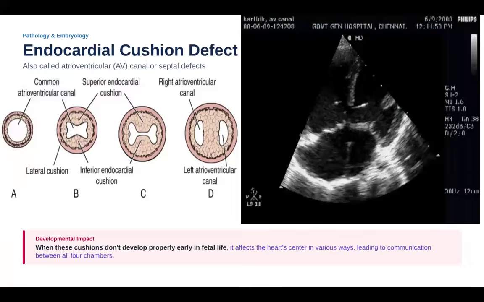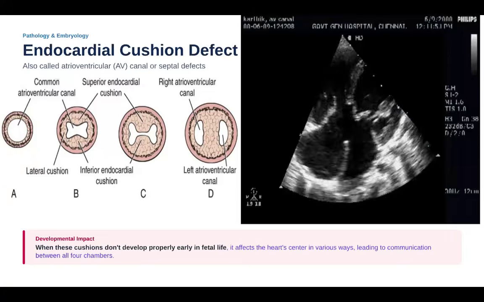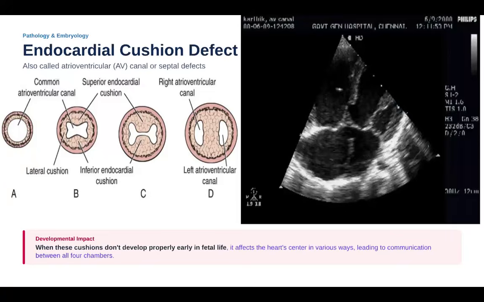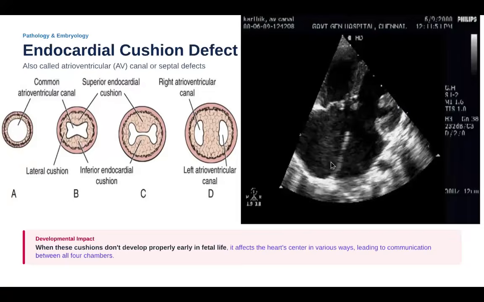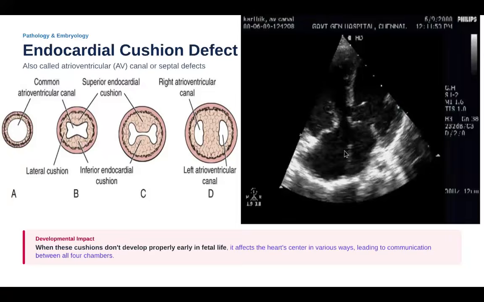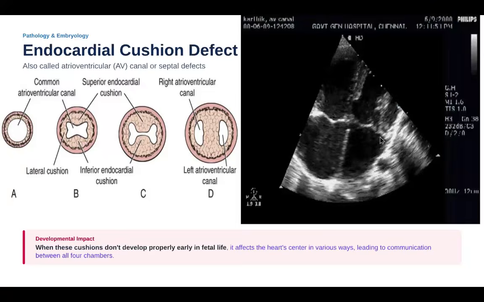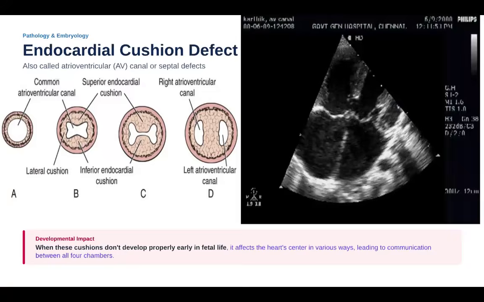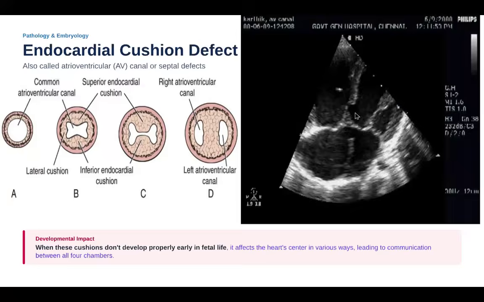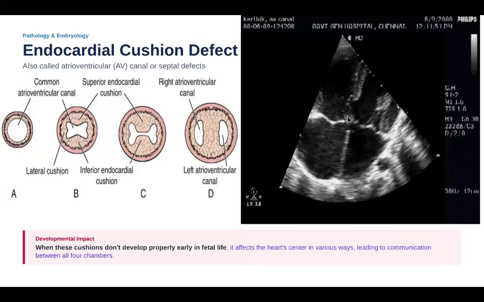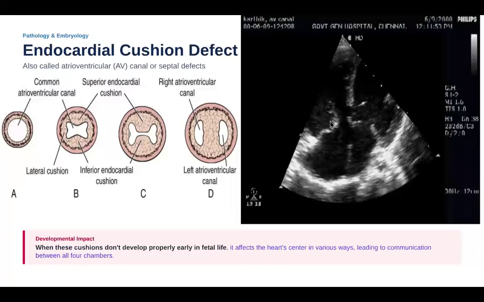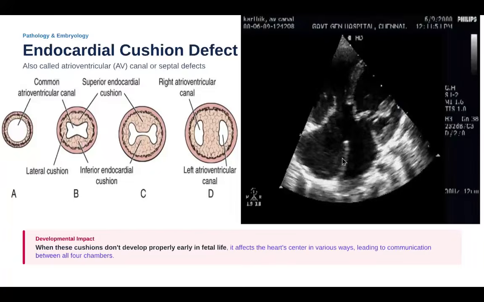When there is an error in that joining, we have an endocardial cushion defect. As you take a closer look, notice the hole here, completely open, with no joining of the structures. The septum should be joining and creating the crux in the center, but as you see, there's one big hole here in the center.